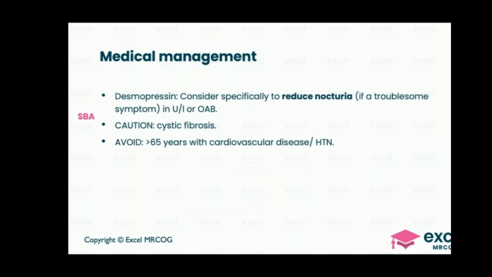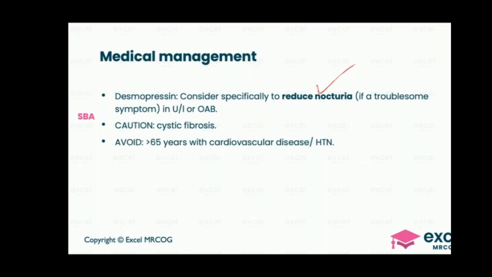Then desmopressin can be considered to reduce nocturia, particularly if the patient is having only nocturia, because it is like your vasopressin. It is the antidiuretic hormone, so it will prevent urination. That is how it will help in the nocturia symptoms.